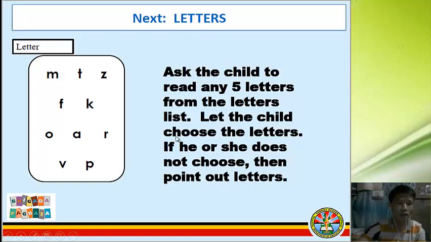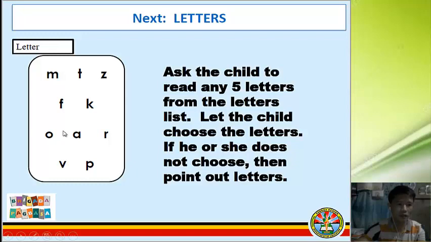So you're going to call any of the learners, then let them point out or tell what letter this is, at least 5 from the given letters in the box. And if the child doesn't point out, then you will be the one to choose the letters. For example, what letter is this, what letter is this, what letter is this.